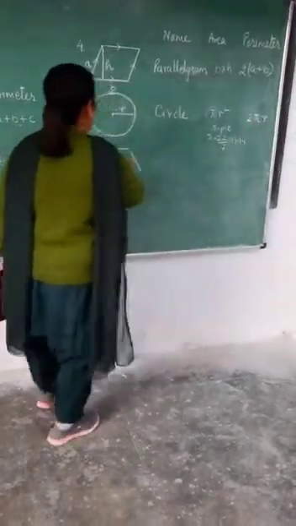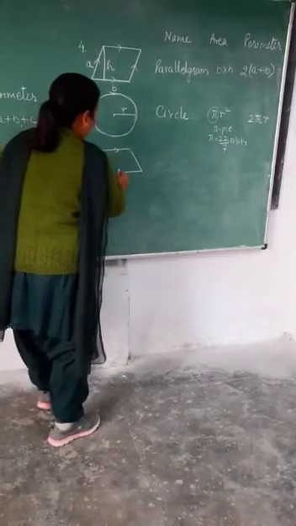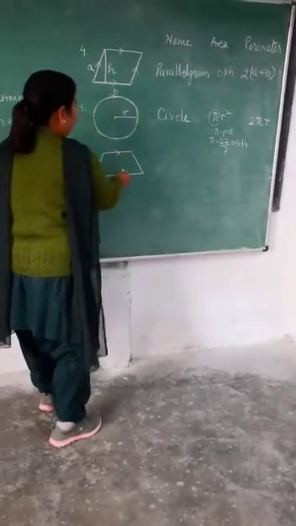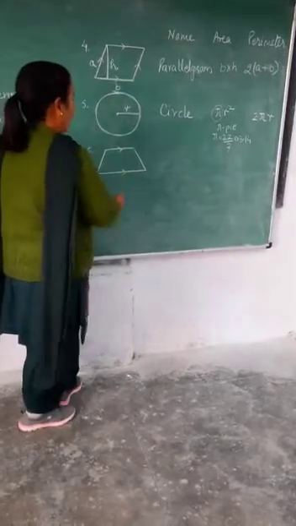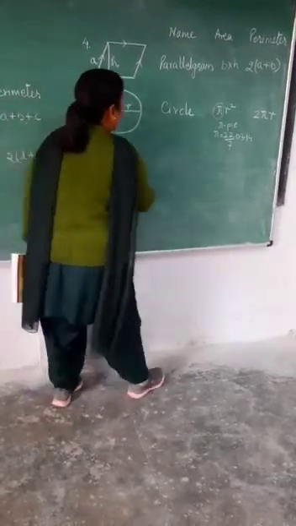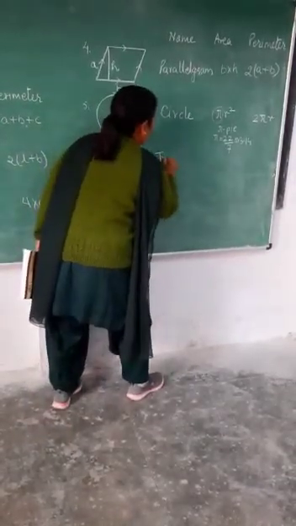The next figure is a quadrilateral in which two sides are parallel and the other two sides are not parallel. This kind of quadrilateral is called trapezium.